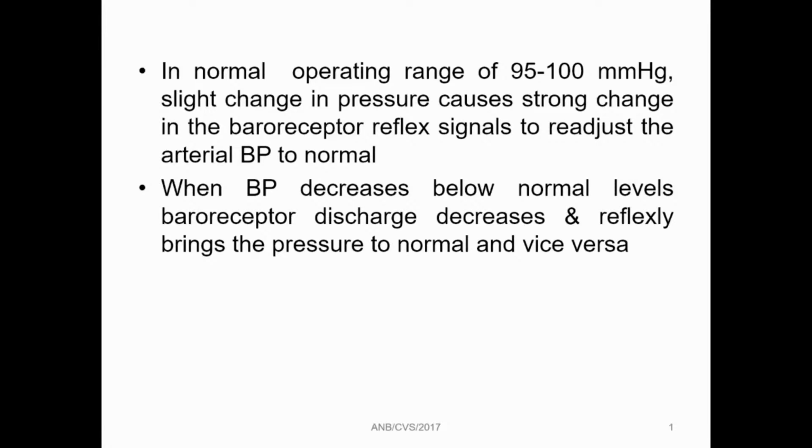In the normal operating range of 95 to 100 mm of mercury, a slight change in the pressure causes a strong change in the baroreceptor reflex signal to readjust the arterial blood pressure to normal.